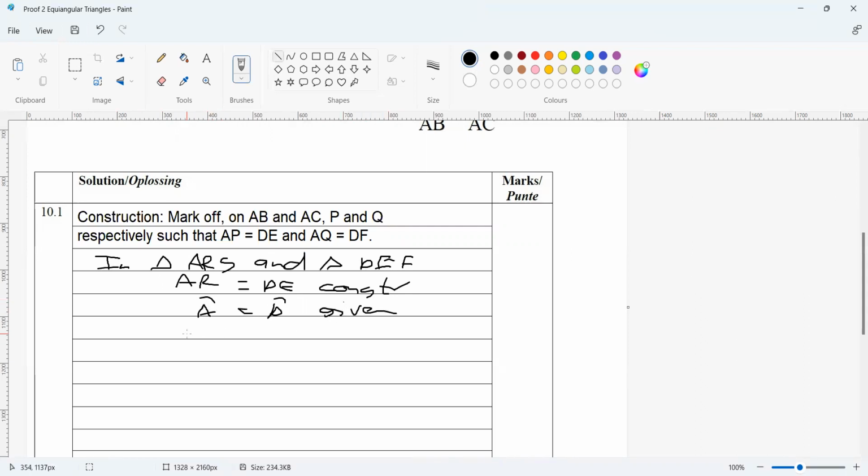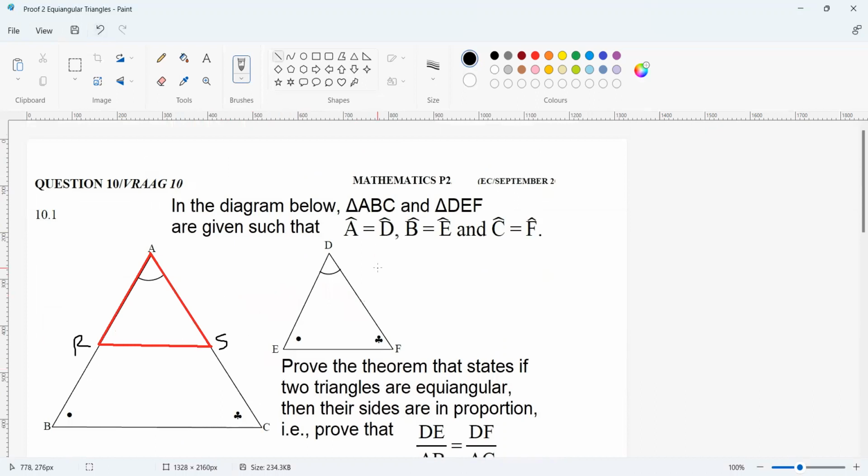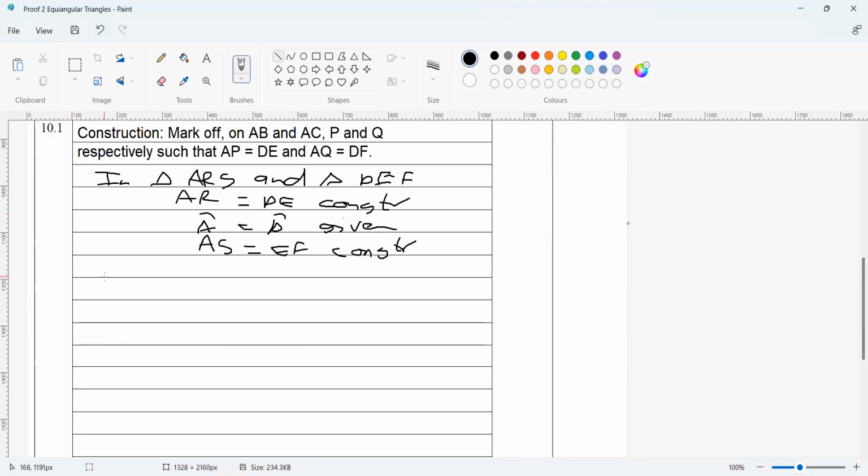And then finally, we have AS equal to DF, and that's also due to construction. So triangle ARS is congruent to triangle DEF, and the reason is side, angle, side. And then we can use the congruency.